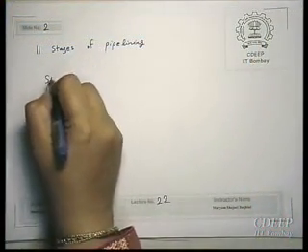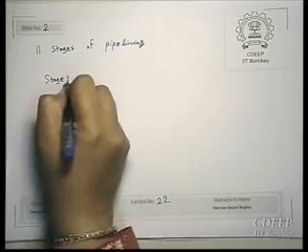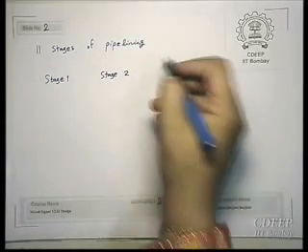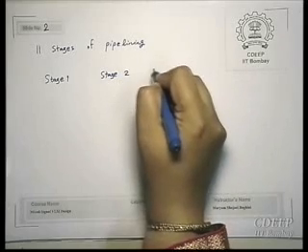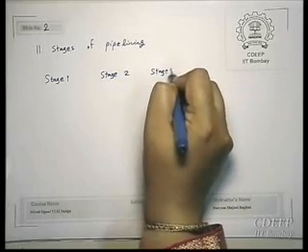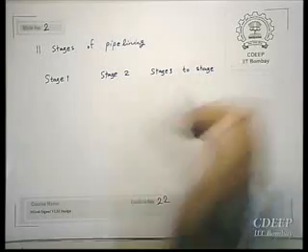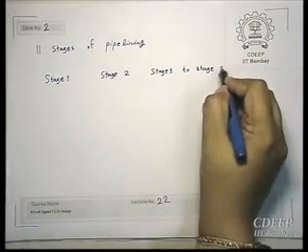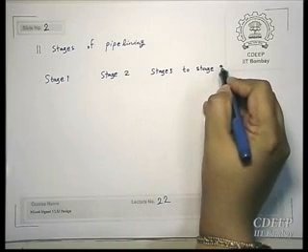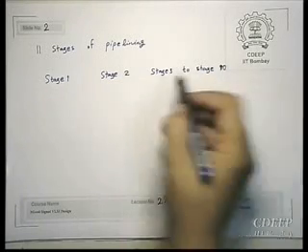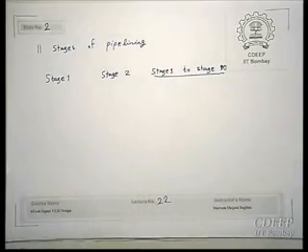Therefore, I call this stage 1, which is different. Stage 2 again will be different. Now, from stage 3 to stage 9, to stage 10, these stages will be the same.